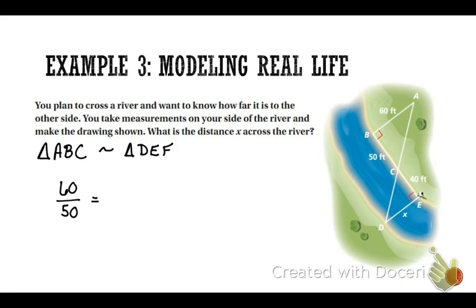So what is the dimension of DE? No, DE. Look, I just circled it. It's X. DE is X. So that's how you know it matches up on the top side of the fraction. All right, and now look. BC was 50. That's the second and third letter.